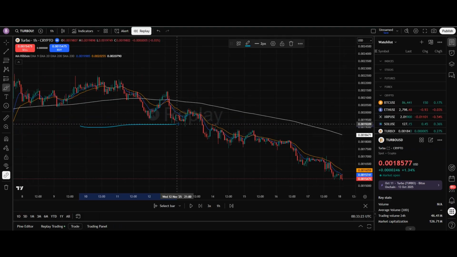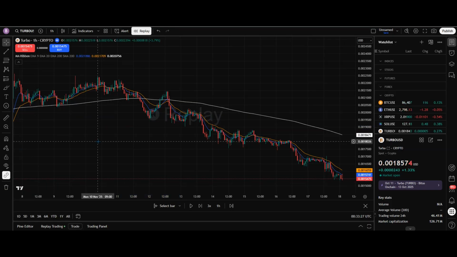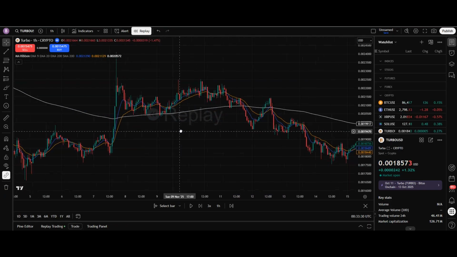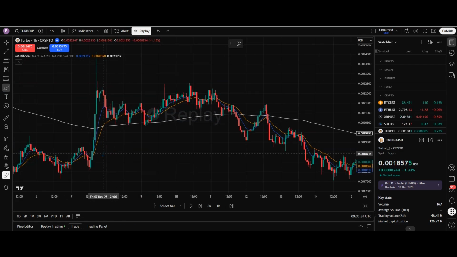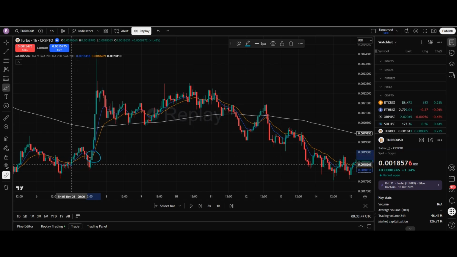Let me see if I can showcase this a lot better for you. So this is the main thing when it comes to EMA lines. As you see here, we had a strong move up in price, but what to notice is that the blue line, the 9-day EMA, started to cross over the 20-day EMA. We had a slight pullback, but the blue line predominantly stayed above the 20-day EMA.